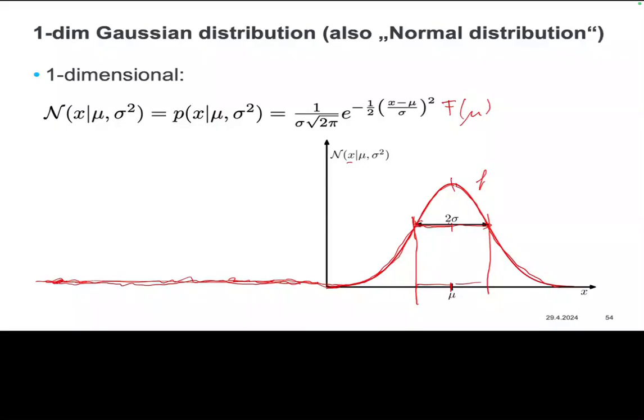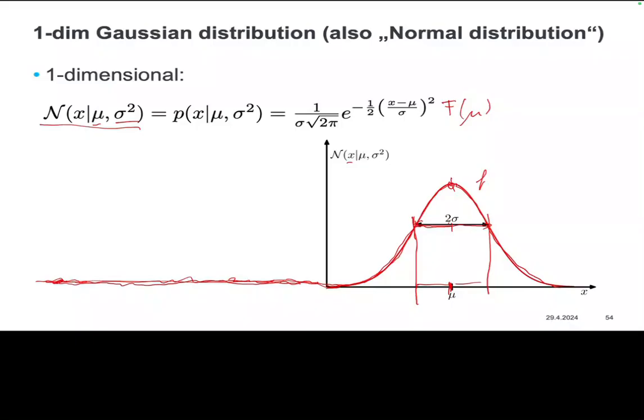And this normal or Gaussian distribution is characterized by two parameters only, namely by this mean value, where the peak of the distribution is, and by the variance. The variance is the standard deviation squared.